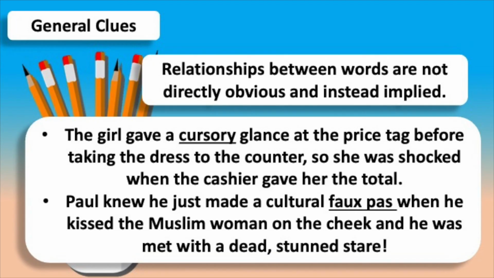And another clue would be the stunned stare, which indicates that the action of kissing is not acceptable and a mark of displaced behavior and action. So from these clues, we can imply that faux pas means committing a mistake or unacceptable action.